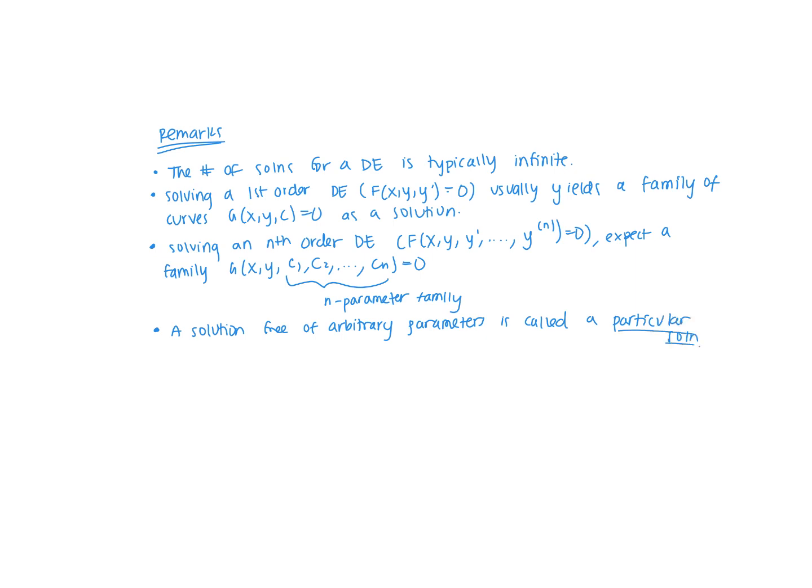So for example, y equals c e to the x. That's a family of solutions because it has the c. If we choose c to be 1, that gives us the solution y equals e to the x. That is called a particular solution because it has no arbitrary parameters.